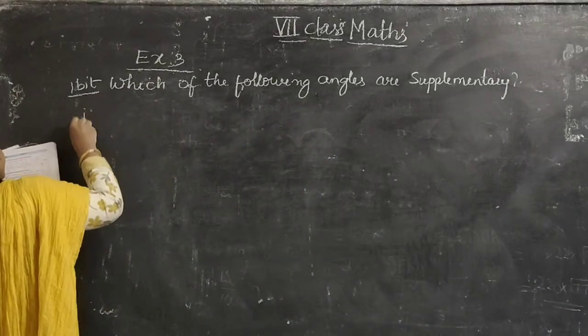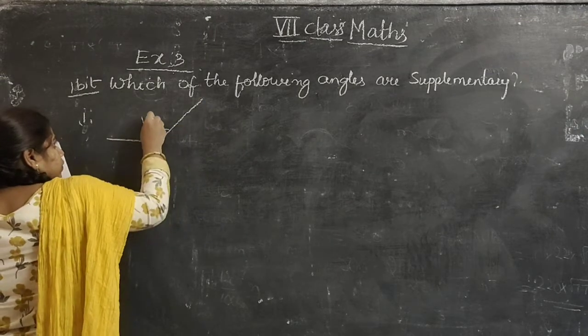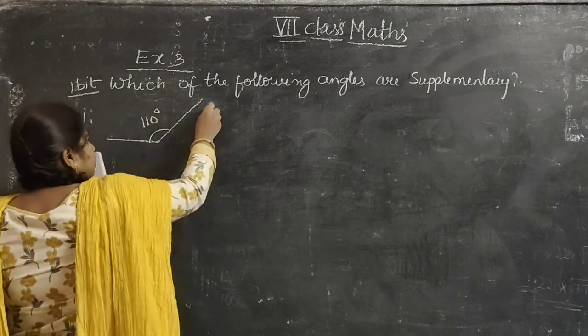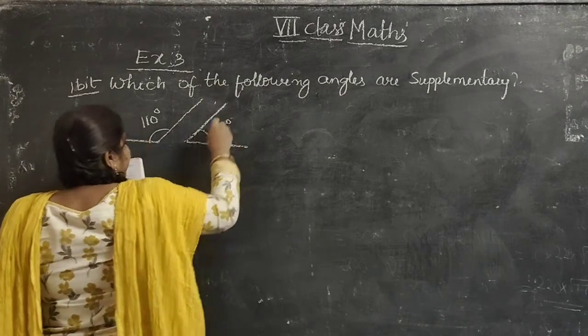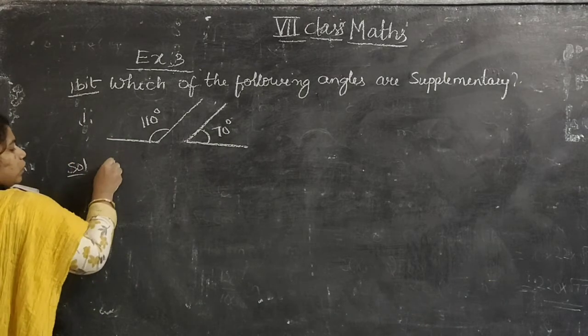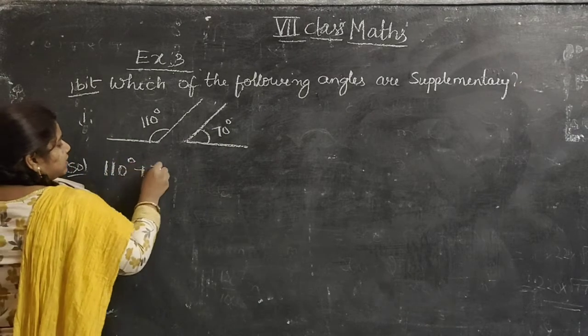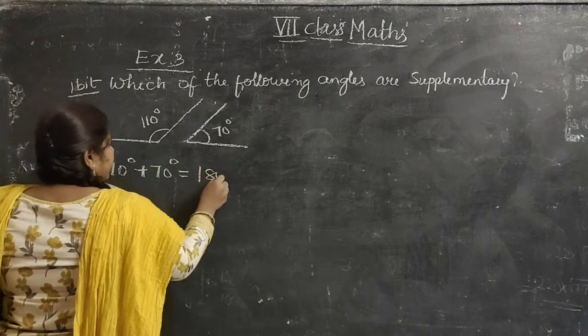In the first figure they have given 110 degrees and the other is 70 degrees. If you add these two, how much do you get? 110 degrees plus 70 degrees is equal to 180 degrees.